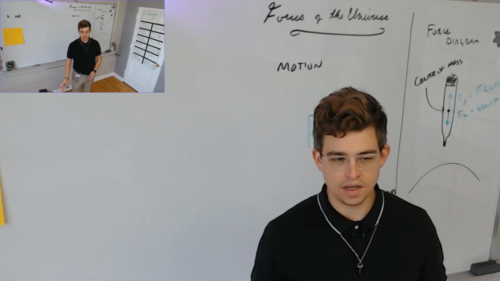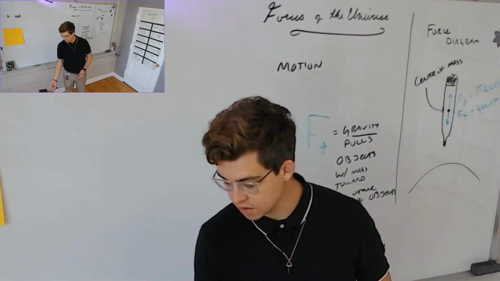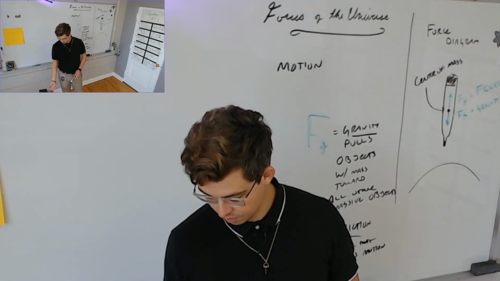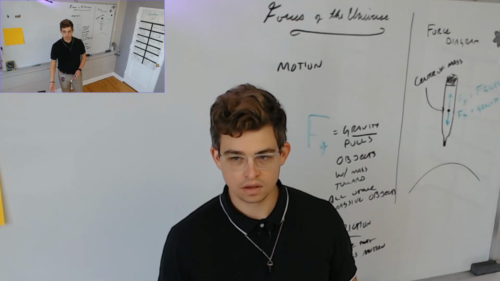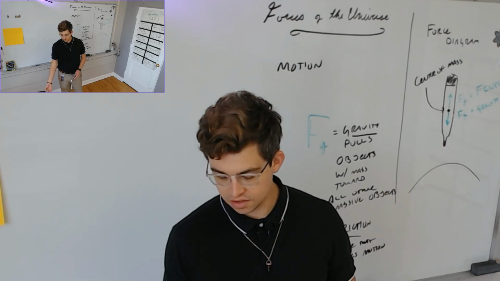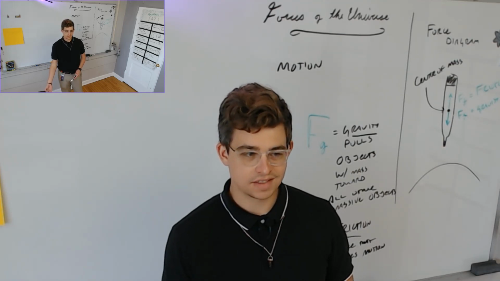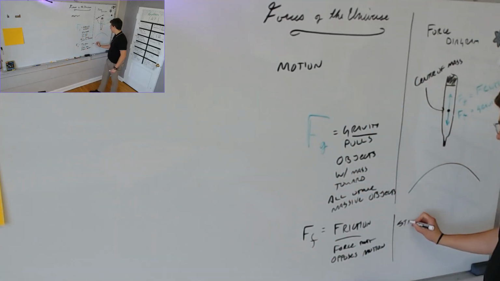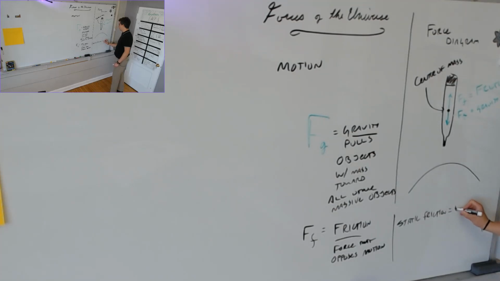How come Newton's first law tells us that if I put a force on this chair, it will go on forever in that direction? How come when I put a force on it, it doesn't do that? Because of friction, yeah. How come if I don't put a very strong force on, the chair doesn't move at all? That's called static friction. You can write that down. Static friction holds objects still.